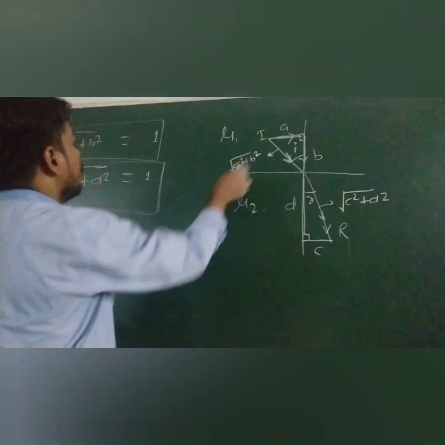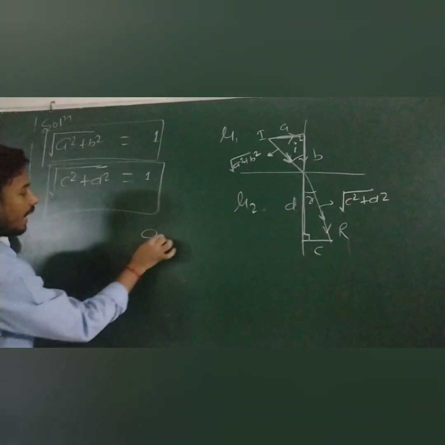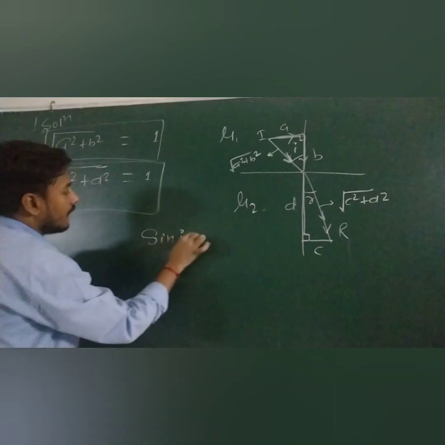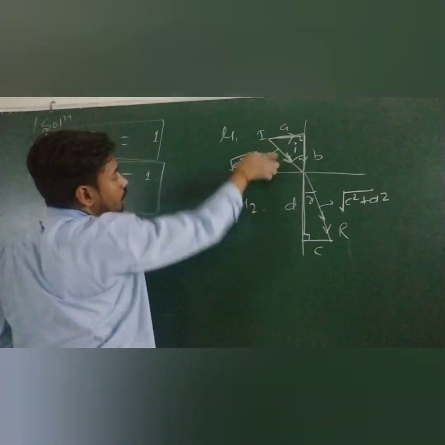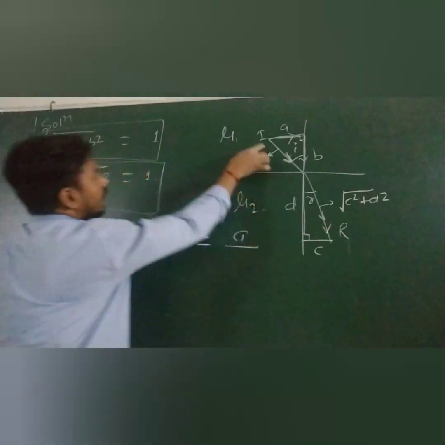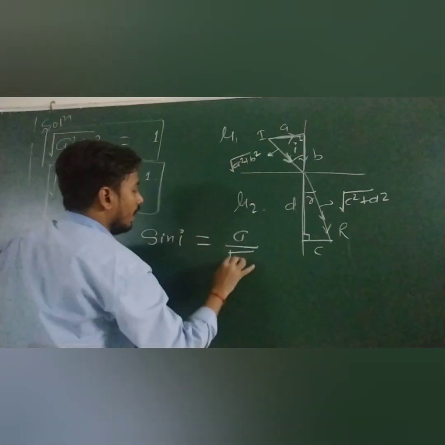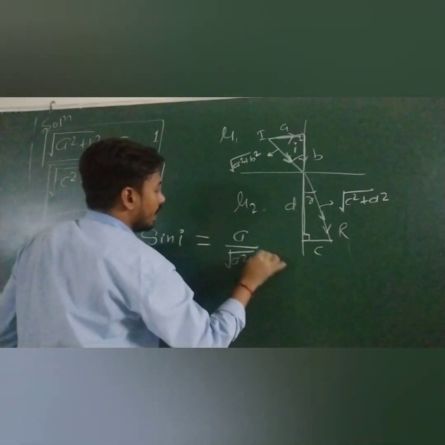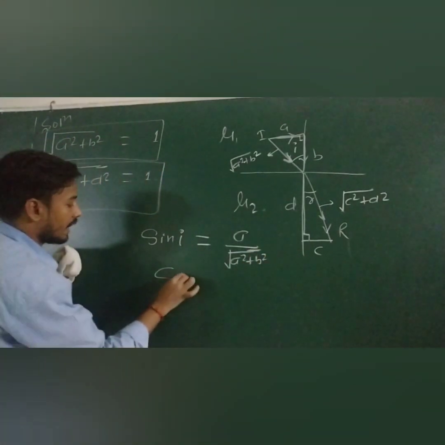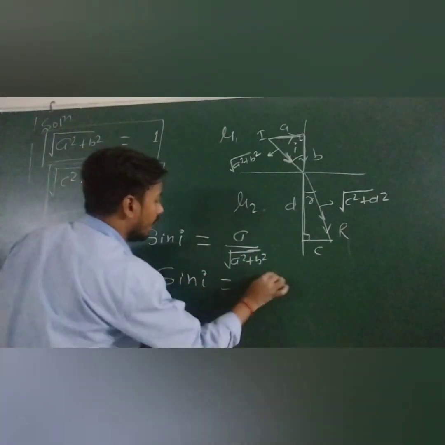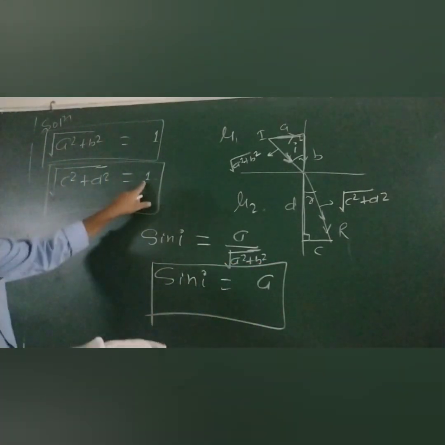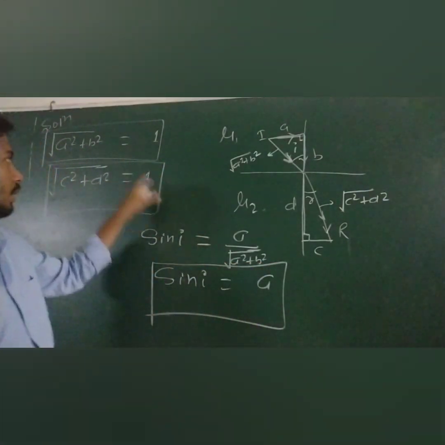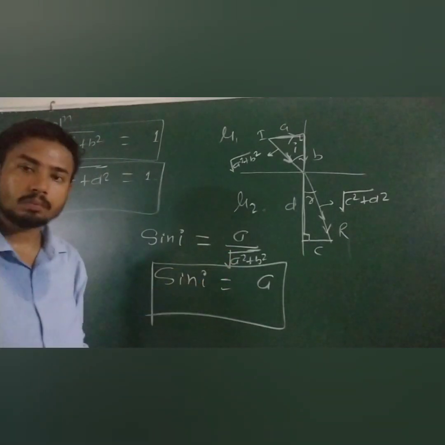See, what can we say, sine I is perpendicular by hypotenuse. So A by under root A square plus B square. Here sine I is equal to only A, because it is a unit vector, so the denominator is 1.